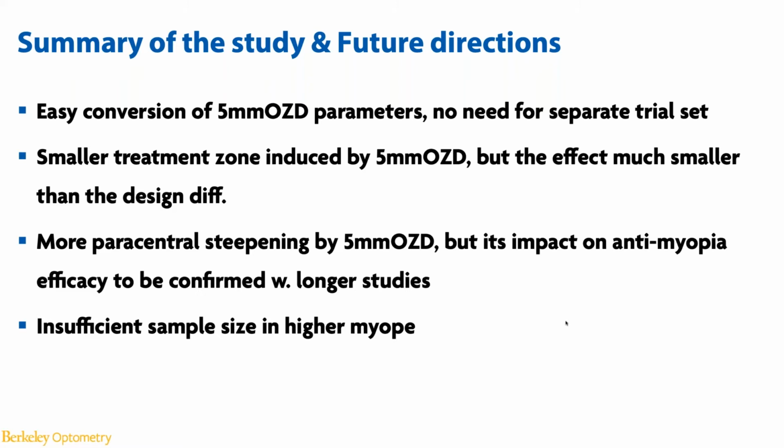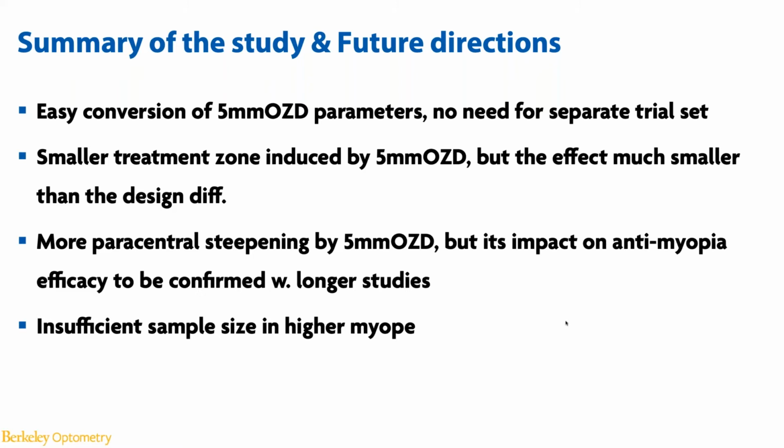For those of you who are used to ordering lenses empirically, or who already have a diagnostic set with the traditional 6mm OZ, you do not need to invest in another 5mm OZ diagnostic set. And as we mentioned before, we've seen a smaller treatment zone induced by the new design, but the effect is much smaller than what was expected from the 1mm difference in the optic zone diameter on the lenses.